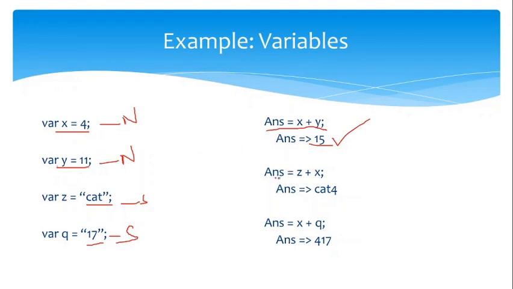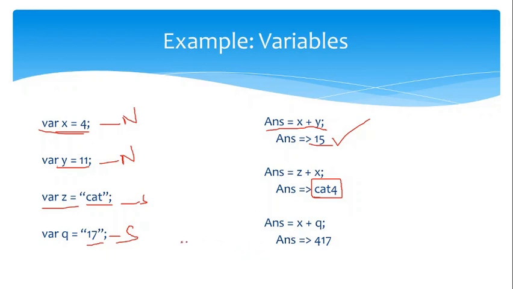Next, z plus x. What is z? z is cat, and x is 4. We cannot add these, so this whole thing will be considered a string.